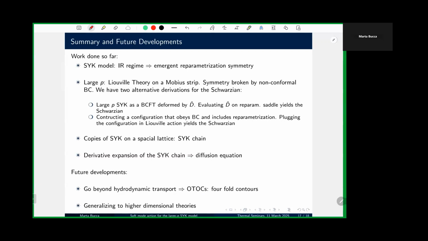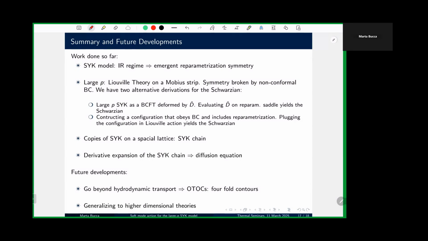The first one uses a BCFT argument by considering the large P SYK as a Liouville theory with conformal boundary conditions deformed by the displacement operator. And the second derivation that we had was just writing down a nice ansatz that obeyed the boundary condition and included reparameterizations, and plugging this ansatz back into your Liouville action.